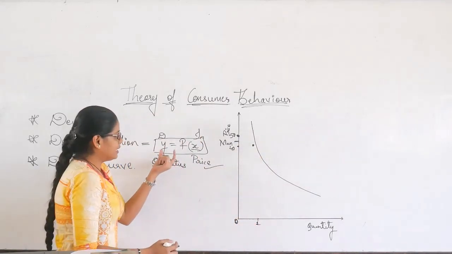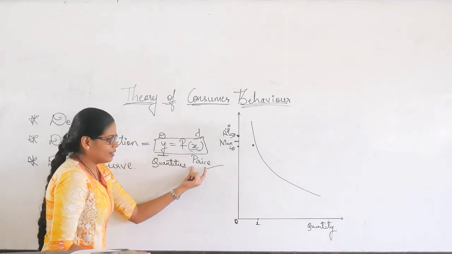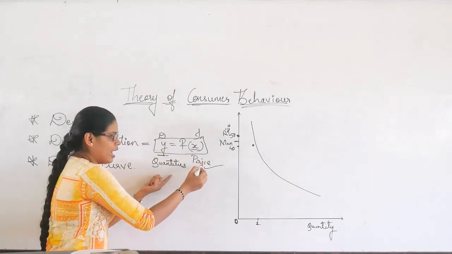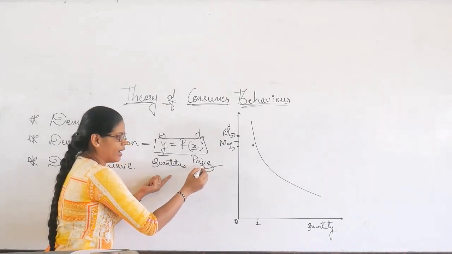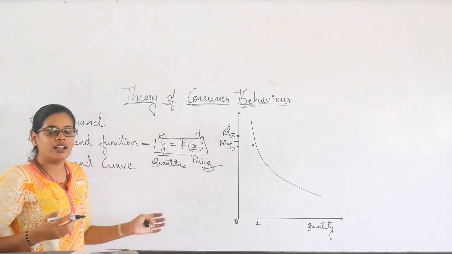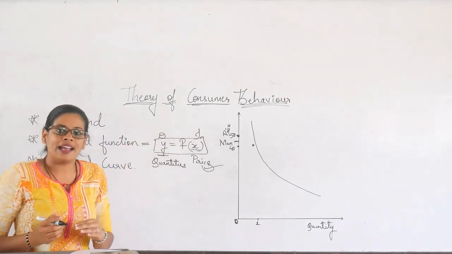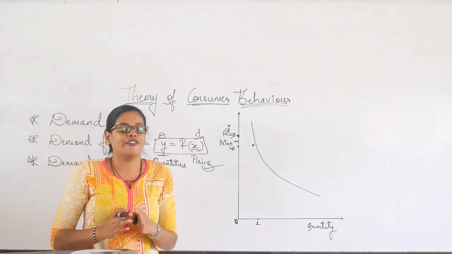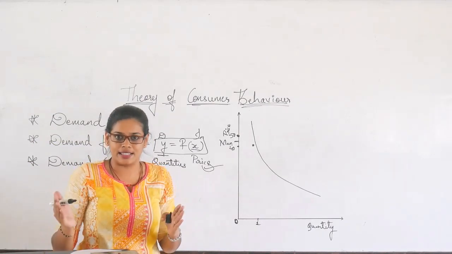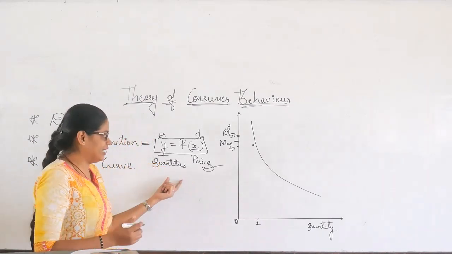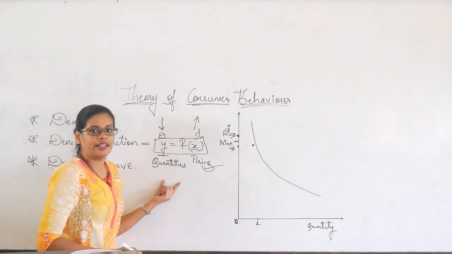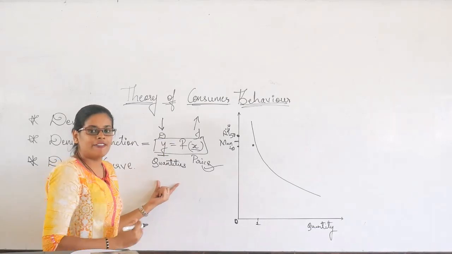So this tells us that x is the price, which is an independent variable. According to the changes in the prices, the consumer makes alterations in the quantities. As the price falls, the quantity of the goods purchased by the consumer increases. So this acts negatively. If the price increases, the quantity of the commodity will come down.